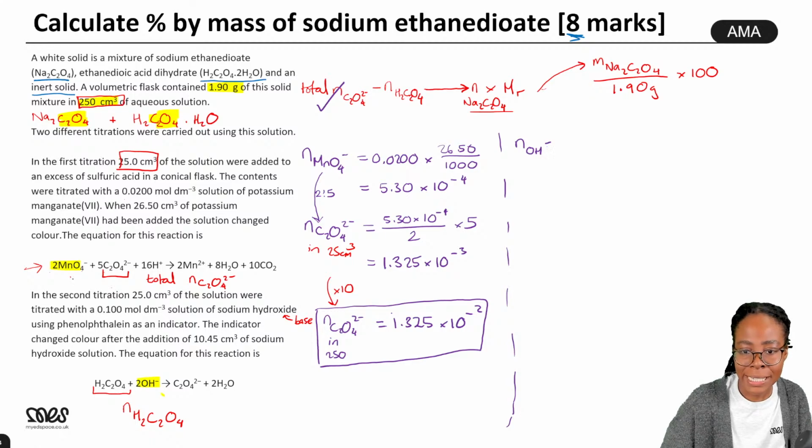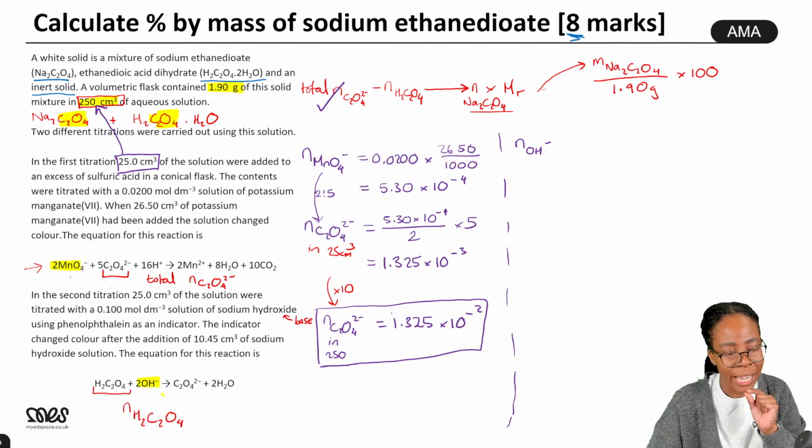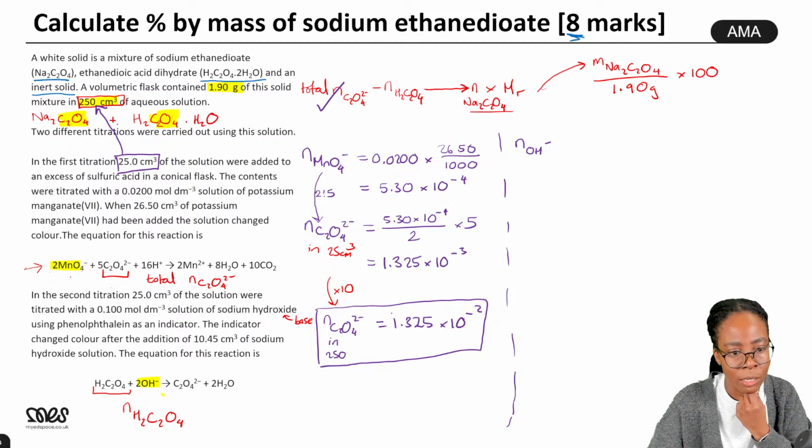We multiplied by 10 because in our titration, that was only against 25 centimeters cubed of the solution. But our original solid was dissolved in 250 centimeters cubed. So the original solution would have had 10 times as many moles as what we actually had in that titration. So similar to the last question.